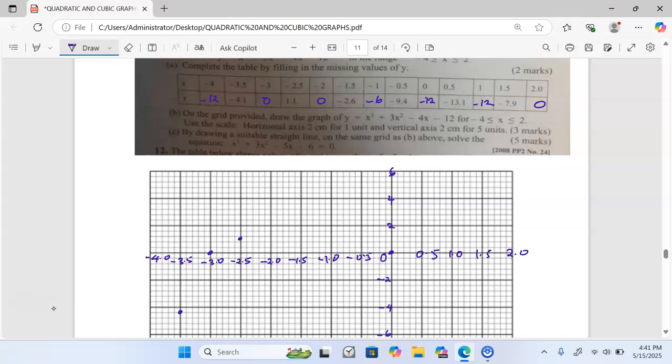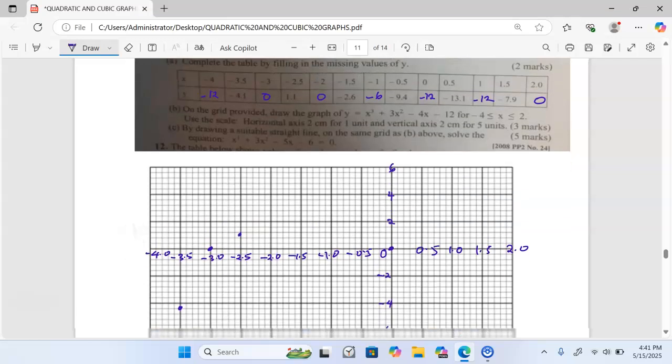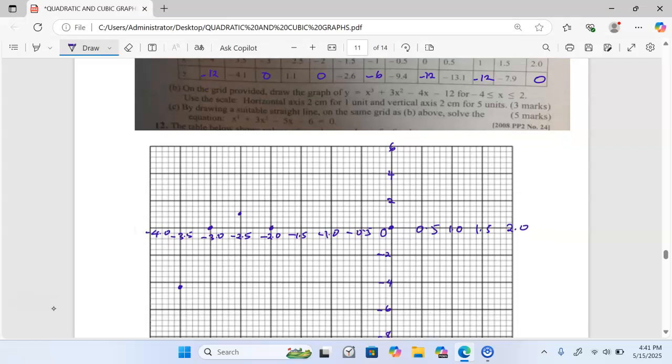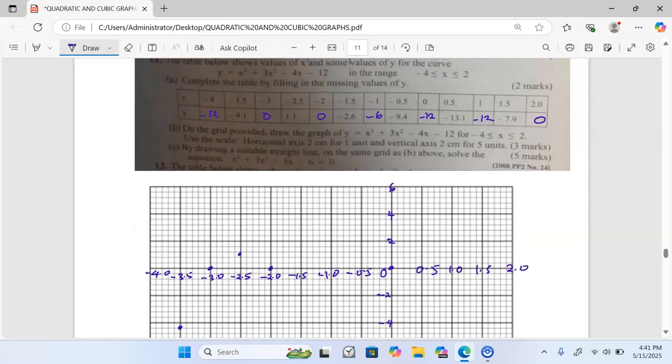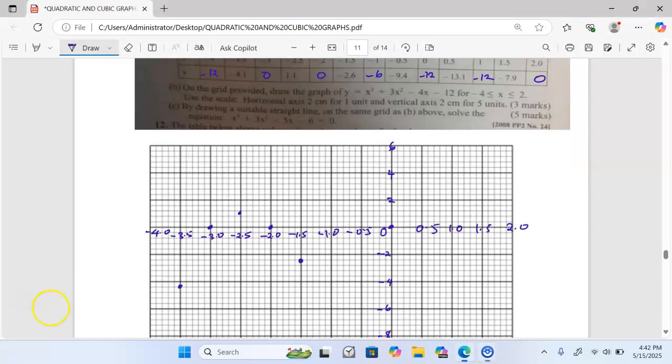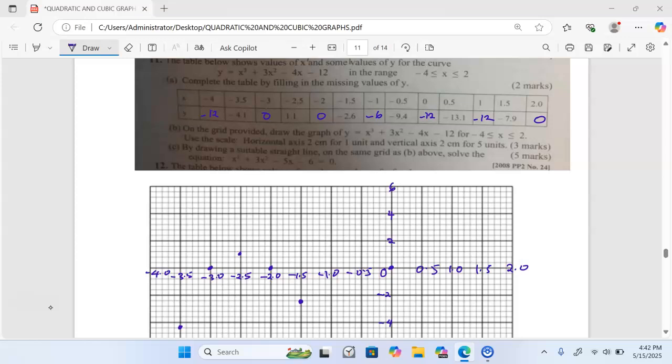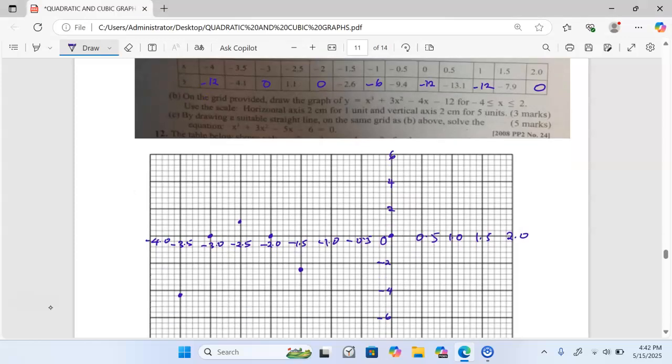And when the value of x is -2, it is 0. When x is -1.5, it is -2.6, around this point. When x is -1, y is -6 here.